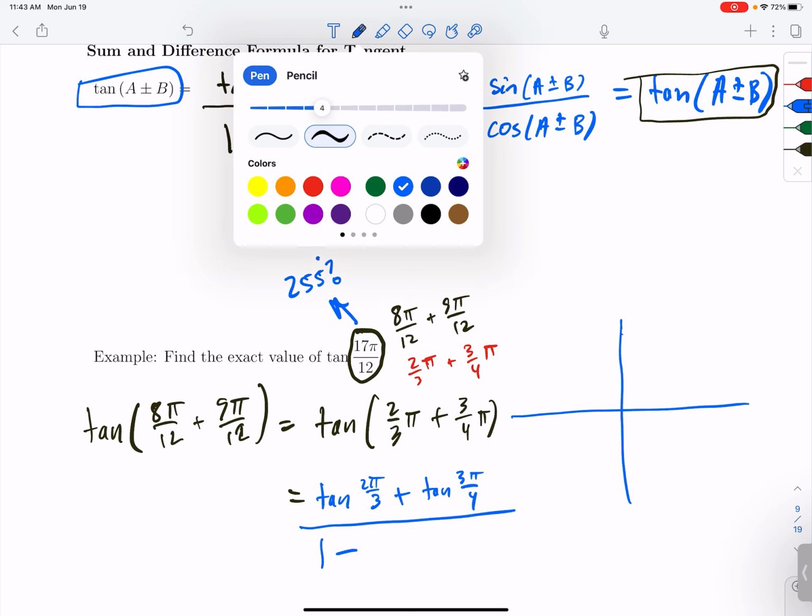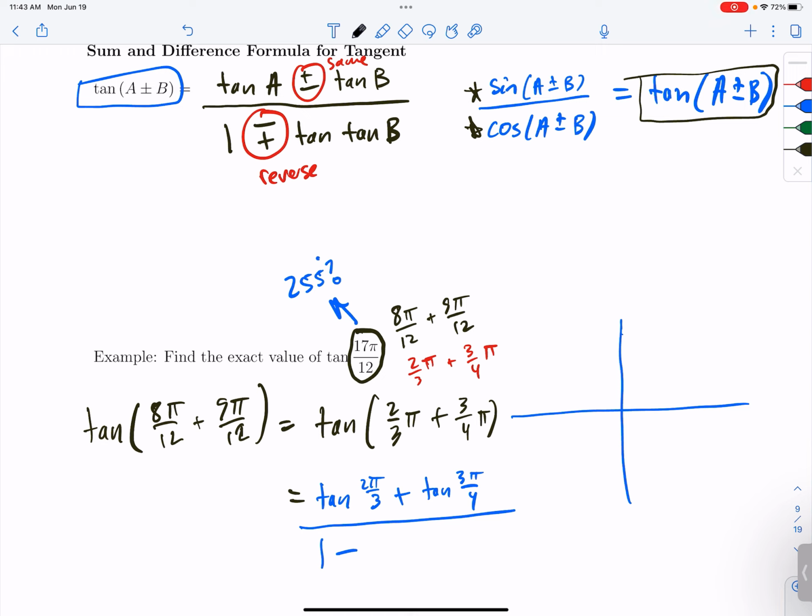Oh, I made a mistake. I don't know if I said this, but up here, this needs to be A right there. Okay, so back down to our example, I'm going to have 1 minus tangent of 2 pi over 3 times tangent of 3 pi over 4.